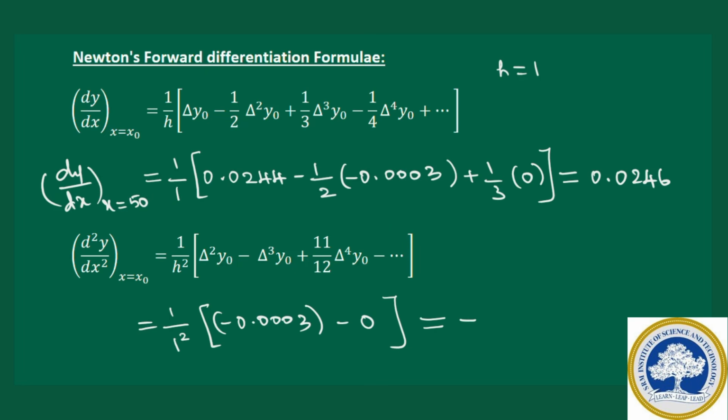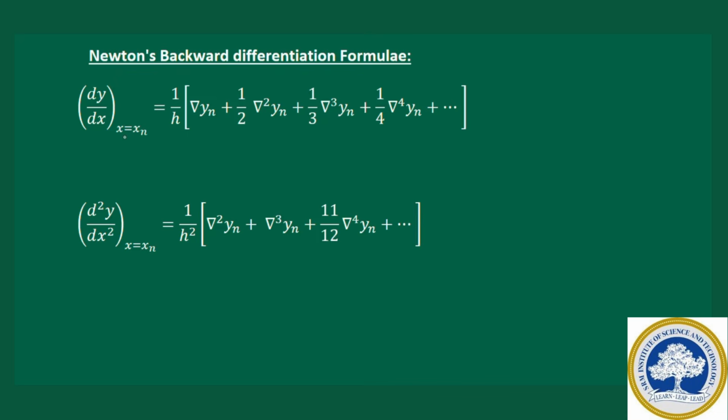Finally the answer is minus 0.0003. This is the answer for d square y by dx square at x equal to 50. So both the first two derivatives are obtained at x equal to 50. Similarly we have to do it for the backward differentiation formula.